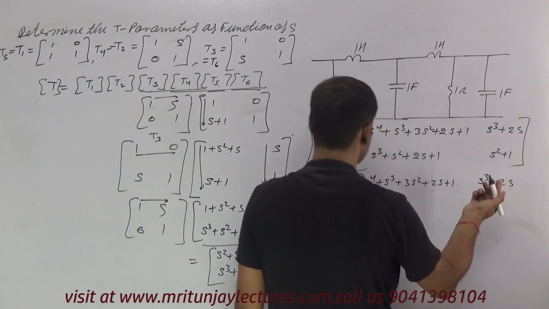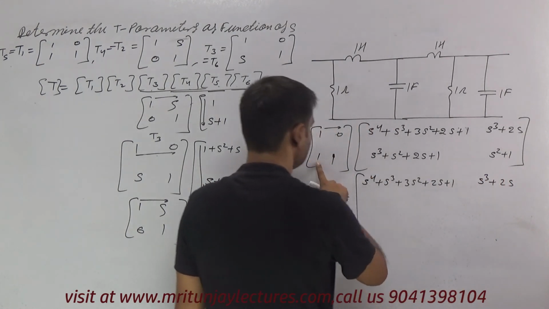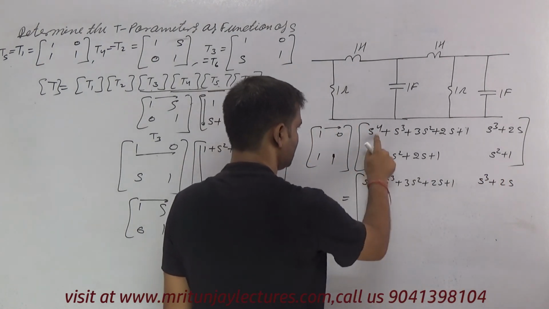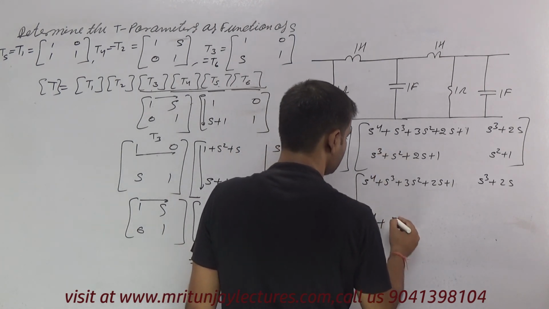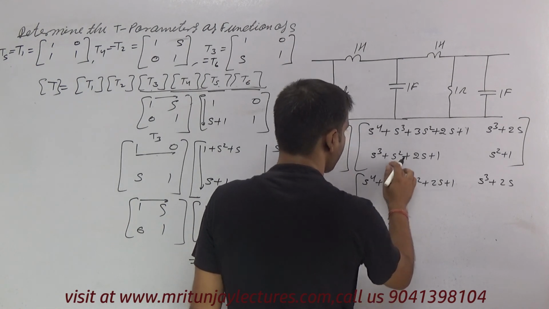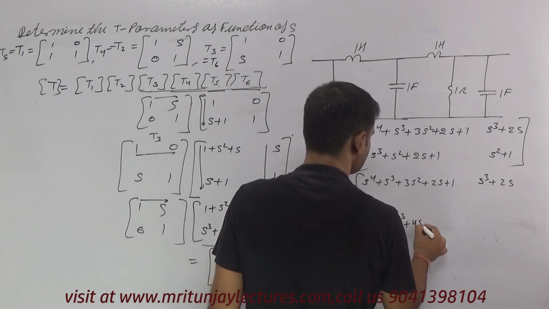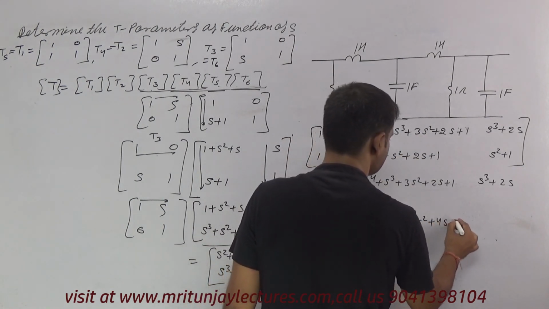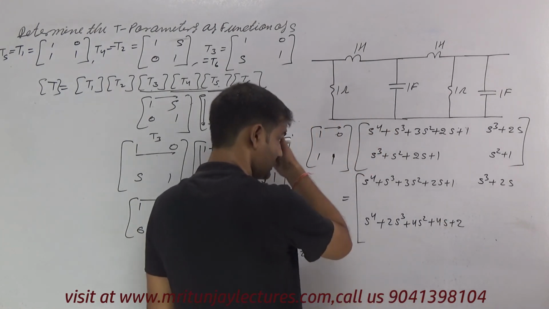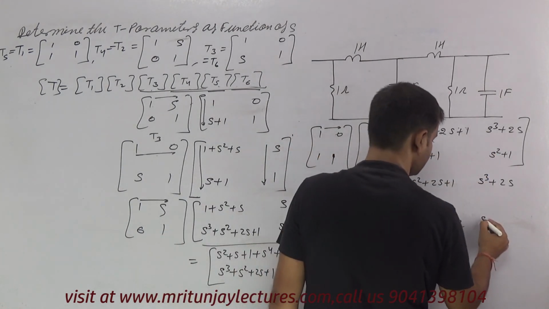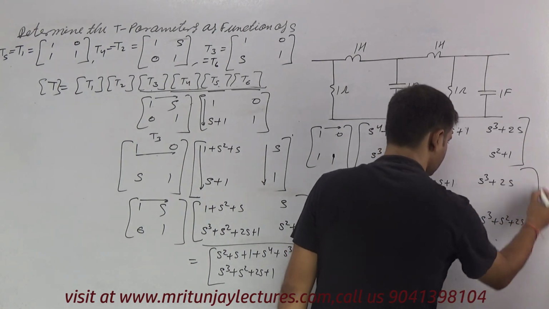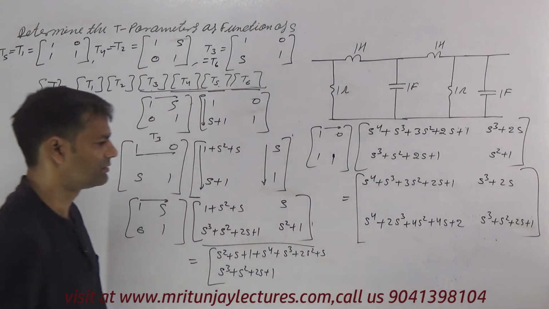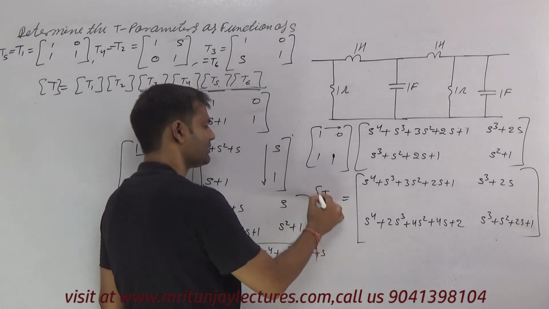So finally we got it like this. After that, adding this one plus this one, S to the power 4 plus 2S cube, that is 4S square plus 4S plus 2. And this one multiplied here, S cube plus S square plus 2S plus 1. This is the final T parameter.